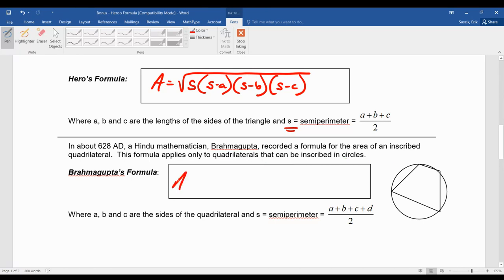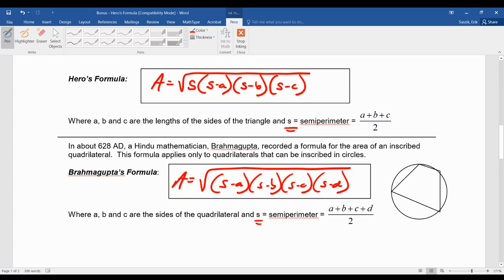It looks very similar to Hero's formula. The only difference is you don't have that S in the front. So this is going to be S minus A, S minus B, times S minus C, times S minus D, because you have a quadrilateral. S, again, is the semi-perimeter, adding up all the sides of the quadrilateral and dividing by 2.